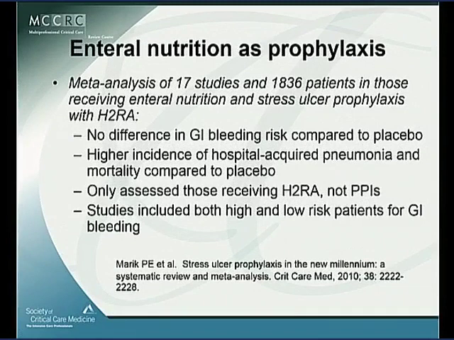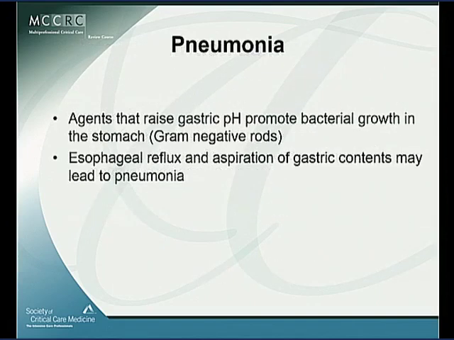Probably more relevant to our patients is this study from Merrick, which was a meta-analysis, which suggested, and once again here, the agents in question were H2 blockers versus nothing, and the nothing here actually was using enteral feeds, and suggested that if your patients are being enterally fed, perhaps they do not need any prophylaxis.